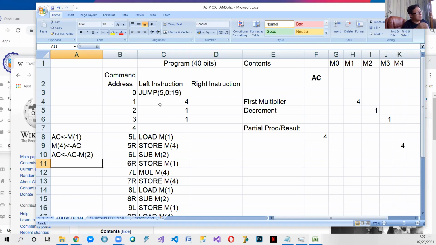This means now you see the purpose of the accumulator. It's used as an input, it's also used as an output. Ingress and egress. What's M2? M2 is 1. So the actual content here is 4 minus 1. So this becomes 3. The accumulator becomes 3.